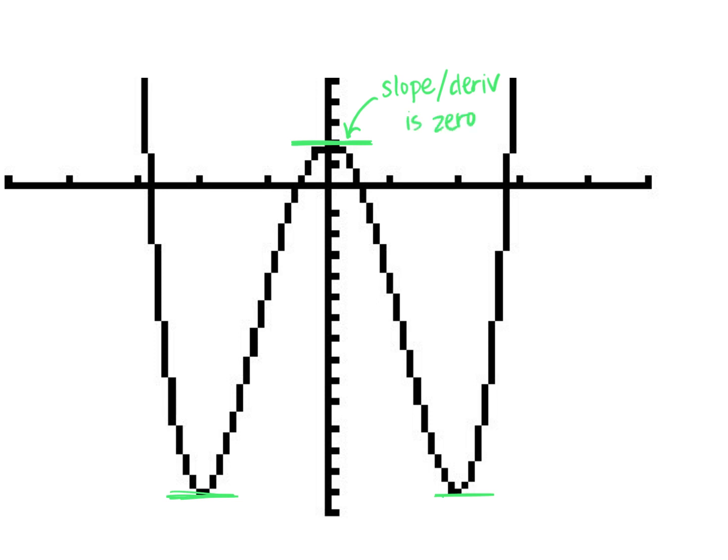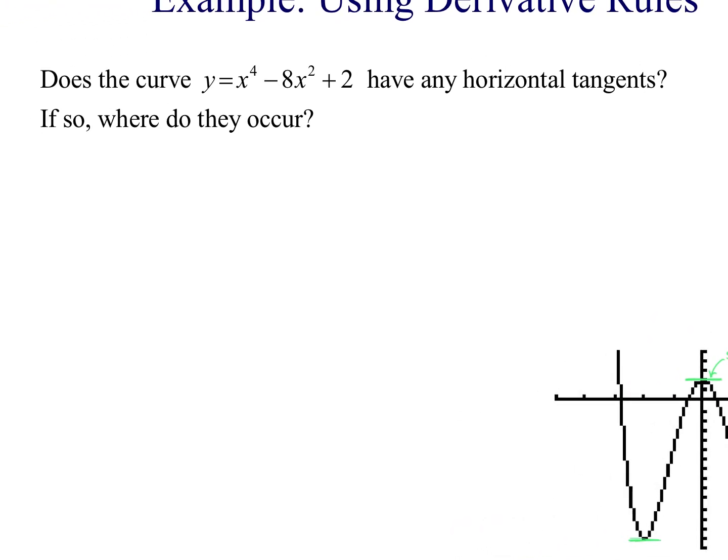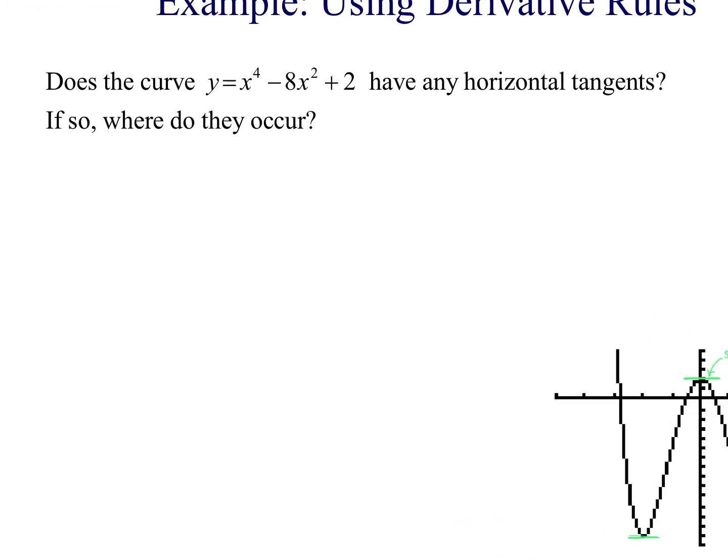If you can understand that, then you can solve this question, because you just need to find where the slope, aka the derivative, is 0. That is our job. So find where y prime equals 0. Not just looking, seeing is not proving, but doing the math is proving.